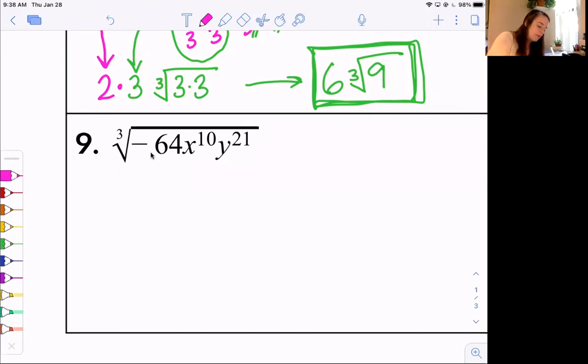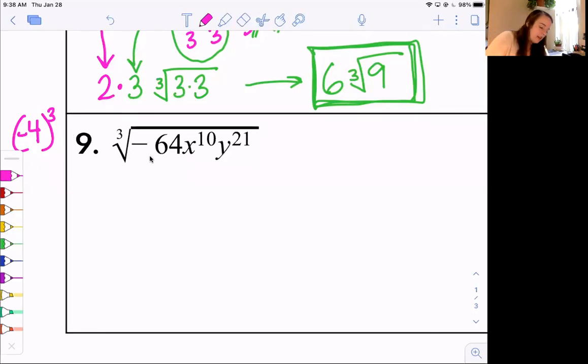And the reason why is because 64 is 4 to the power of 3. If we had negative 4 to the power of 3, we'd have negative 4 times negative 4 times negative 4. It's going to equal 64, but that 64 is going to be negative because we have a negative times a negative times a negative, right? So negative 64 is negative 4 to the third power.